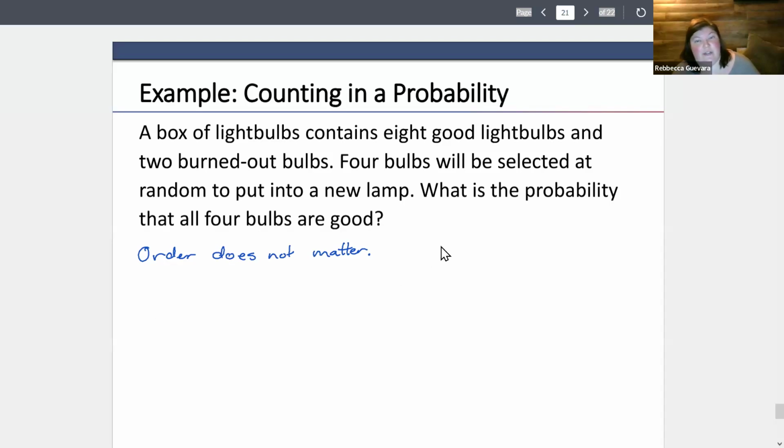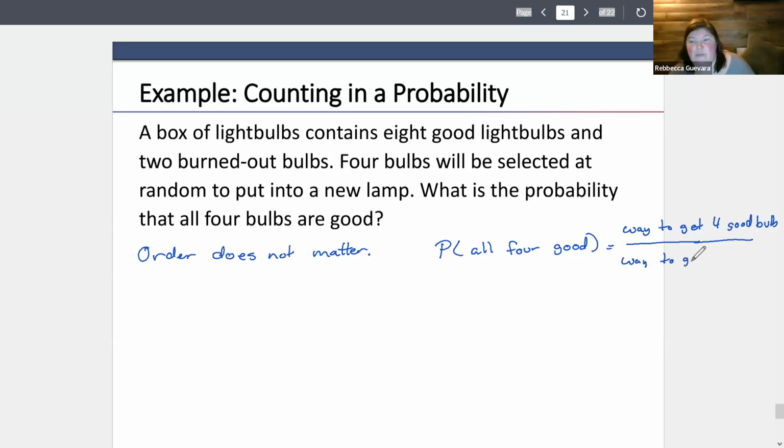So I need to figure out what is the probability that all 4 are good. That means I need how many ways to get 4 good light bulbs, out of how many ways to get 4 bulbs.